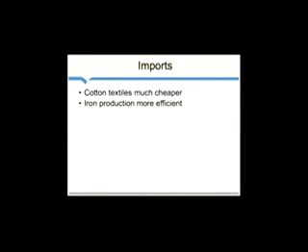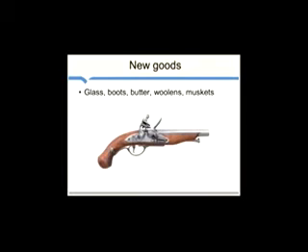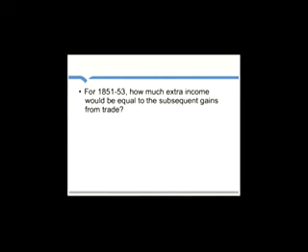Japan was also able to import a lot of new goods that they simply hadn't had before, and this includes glass, boots, butter, woolens, and also muskets. So the question asked in one research paper is this: for the years 1851 to 1853, how much extra income for Japan would in fact be equal to the gains from trade that Japan enjoyed from opening up trade with the rest of the world?